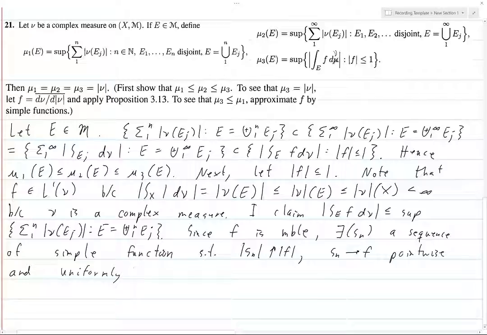Why are we able to get uniform convergence? This is because f is bounded.